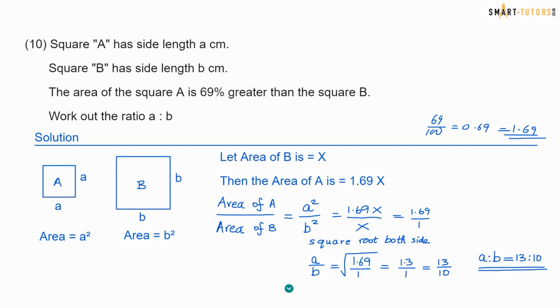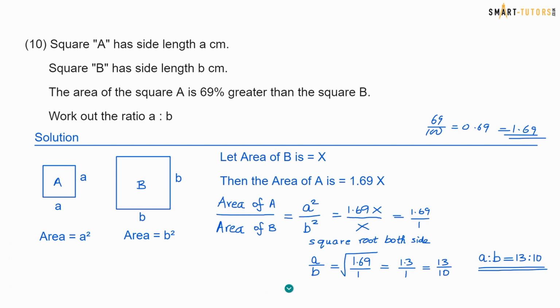So area of A is A squared, because side by side is A squared. Area of B is side by side, B squared. So A squared is the area of A, which is 1.69x. Area of B is x, so I substitute x. Then x and x cancel, leaving 1.69 over 1. So now here is A squared over B squared.